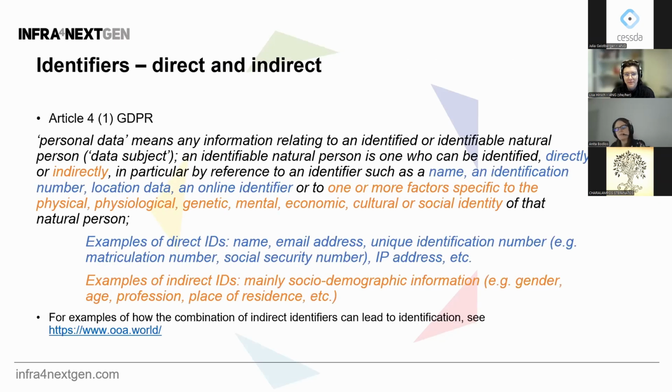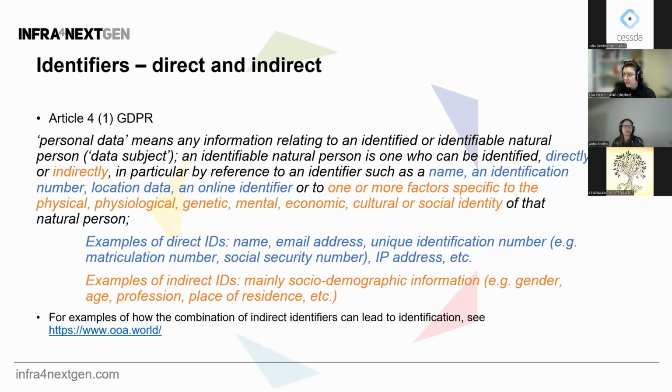So I've used the term identifiers before. The GDPR distinguishes between direct identifiers and indirect identifiers. Direct identifiers refer to any information that directly and unambiguously identifies a person.